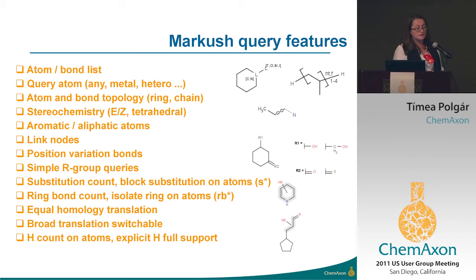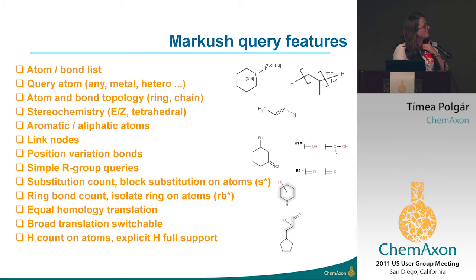When you draw a query structure, you can include atom lists and bond lists. This is an atom list. Bond lists are here. Atom bond topology can also be used.